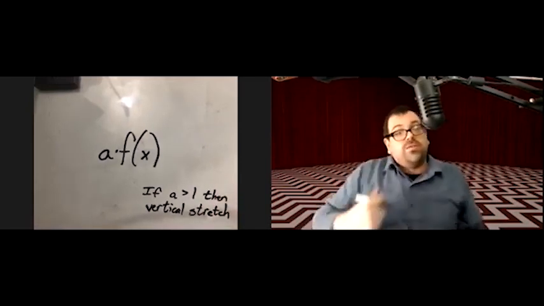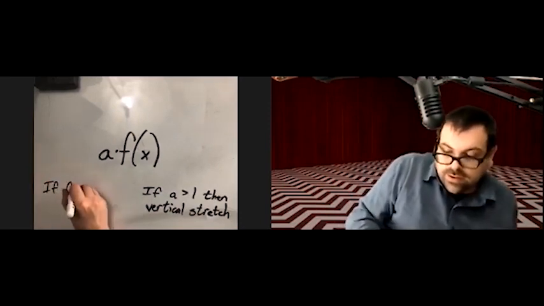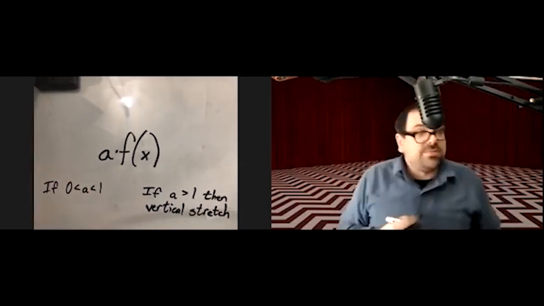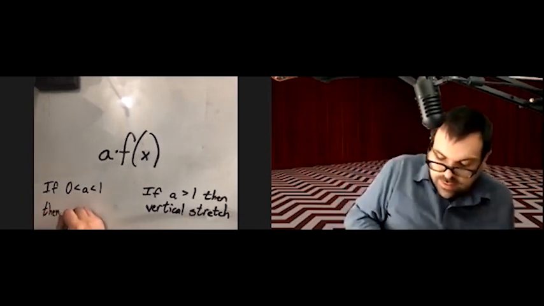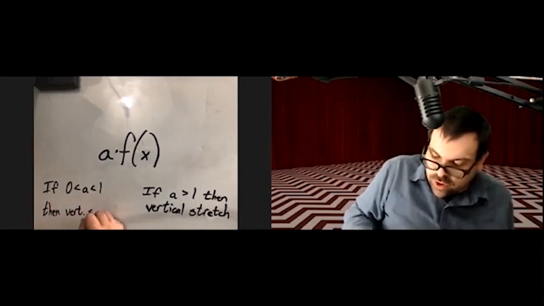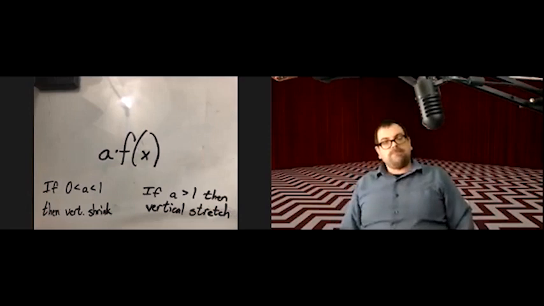However, if A is one of our proper fractions, if A is between 0 and 1, then it's a vertical shrink.